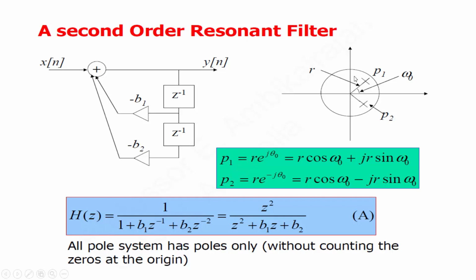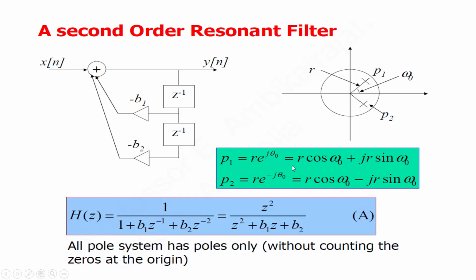Now let us consider two poles which are a complex conjugate pair, P1 and P2. R is the radius where the poles lie. R is the distance from the origin to the pole location, right? For both the cases, it is R e to the power j theta 0. One is theta 0, basically it is omega 0. And this is also omega 0.